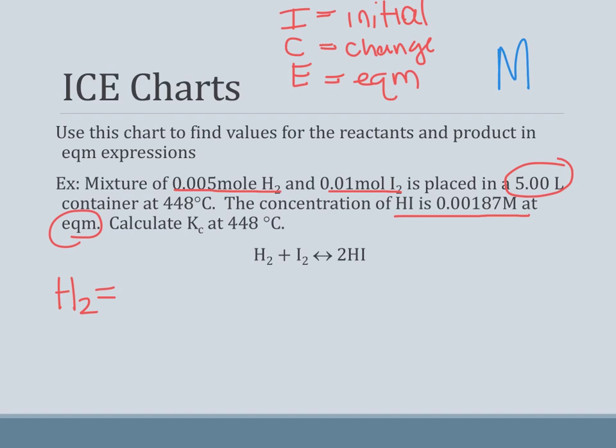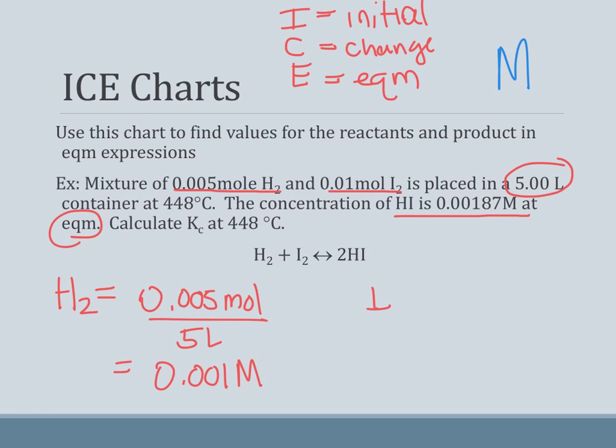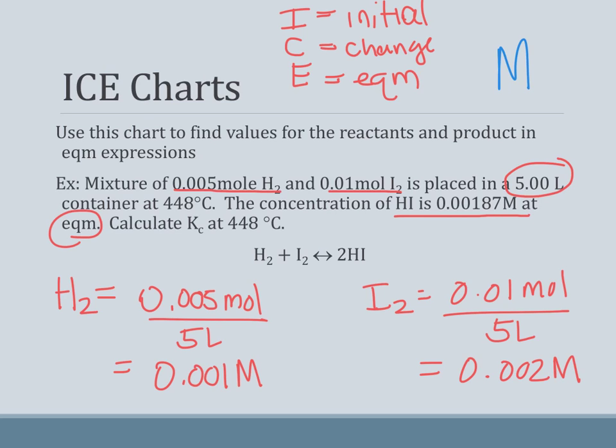So for our H2, we're going to take our 0.005 moles, and we're going to divide it by our 5-liter container, and that will give us a value of 0.001 molar. And we'll do the same for our I2, and we have 0.01 moles and our 5-liter container, and so our molarity here is 0.002 molar. You have to have it in molarity. It is the only way you're going to get the right answer.